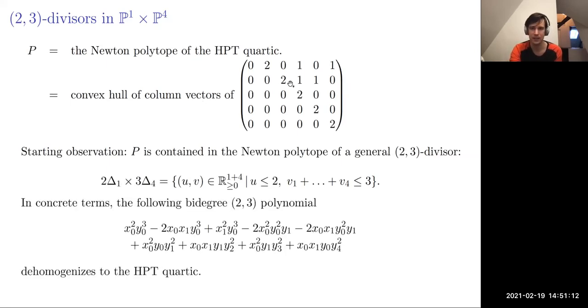And one can see that that embeds, because the polytope is given by setting u to be less or equal to 2, and the sum of the other variables is less than 3, and this is clearly the case in this matrix here. So the top row is always less or equal to 2, and then the sum of the remaining entries is at most 3. And indeed, we can just write down an explicit 2-3 polynomial that dehomogenizes to the Hasse-Pirutka-Colliot-Thélène-Kahn quartic.